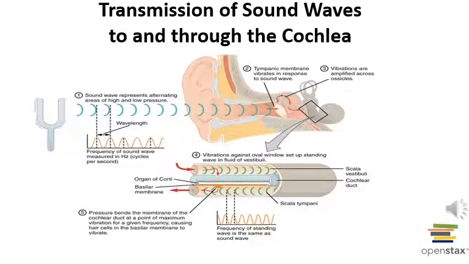That's how we convert the transmission of sound waves to and through the cochlea into action potentials that are going to ultimately give us an ability to determine what we hear.